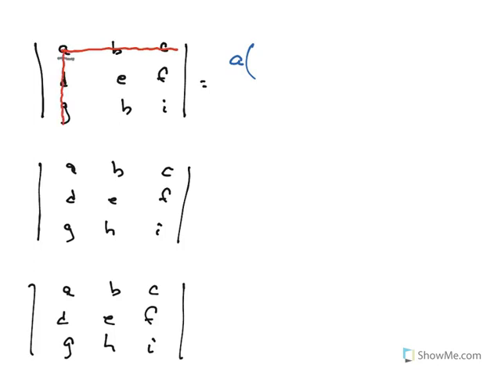A's column gets rid of D and G. And now you see you're left with this little 2 by 2 set of elements on the bottom right. And now we just treat it like a 2 by 2 matrix. So we have E times I minus F times H. So that piece is done. Next, you subtract automatically, minus.